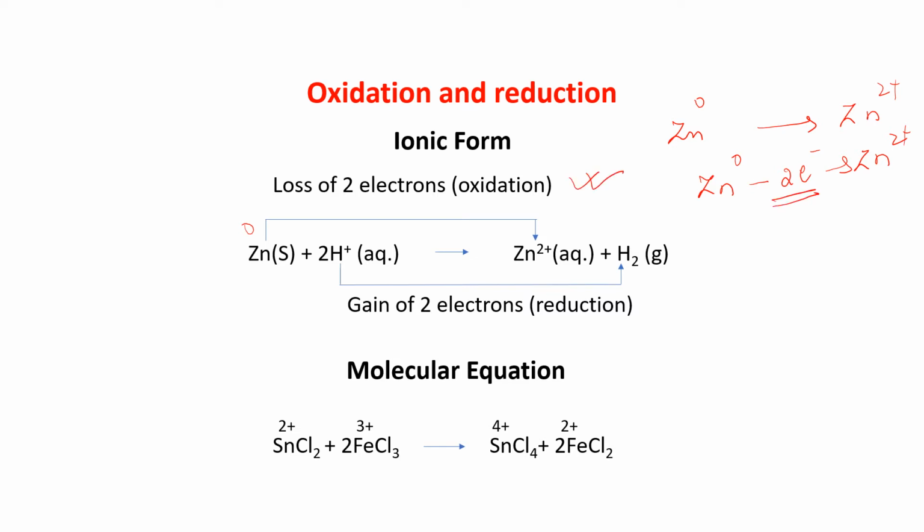So it is oxidation. And here it is H+ to H2. That means 2H+ is gaining 2 electrons and going to H2, the 0 form. That means gain of 2 electrons, so it is reduction. Am I clear?